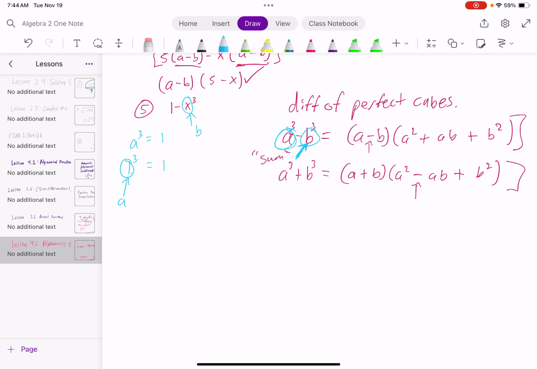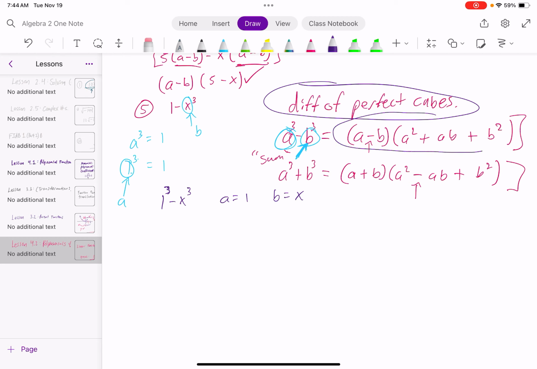Right? So now I could just rewrite it. I could rewrite it as 1 cubed minus x cubed. And you're like, oh, okay, this is the difference of perfect cubes. Perfect. So I know my a is 1 and my b is x. Okay, now I just need to plug those in to here.